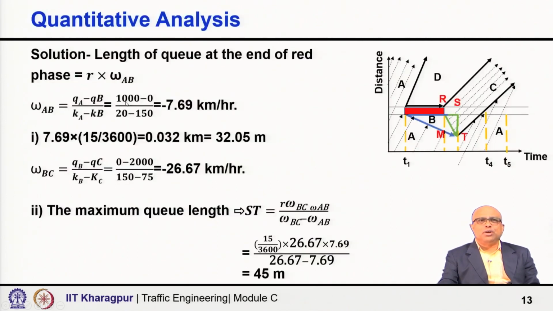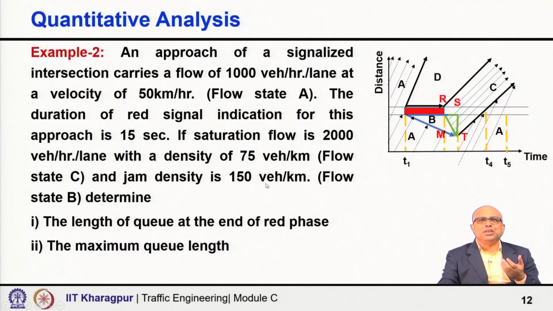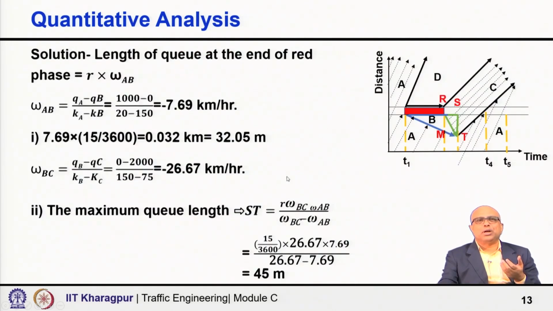So, we have put the value of QA and KA. QA minus QB is 0 because it is the jam density state. No vehicle is moving and the signal is red. So, this flow is 0 and KB is the jam density. The jam density value is given as 150 vehicles per kilometer.